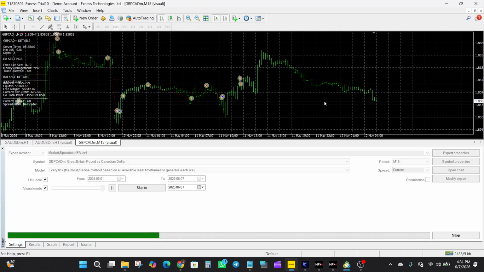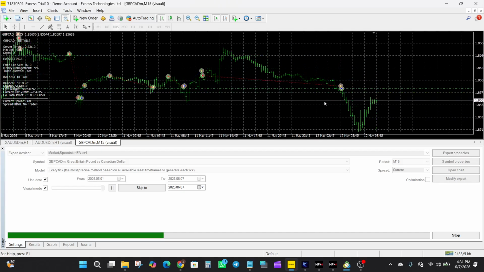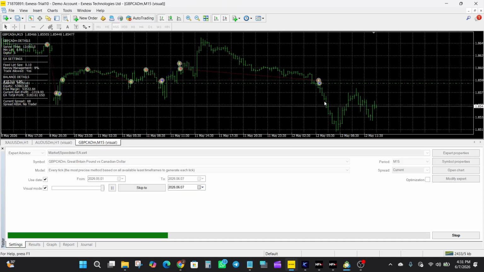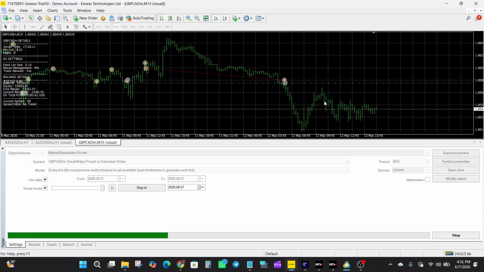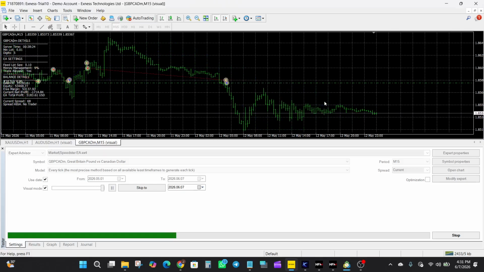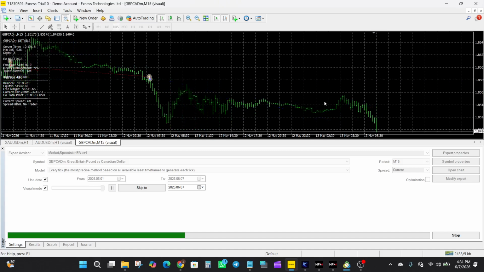So overall, the Speedster EA for MT4 is presented as a fully automated system that combines OBOS-based logic with moving average analysis while keeping risk management straightforward through stop loss and trailing stop usage.